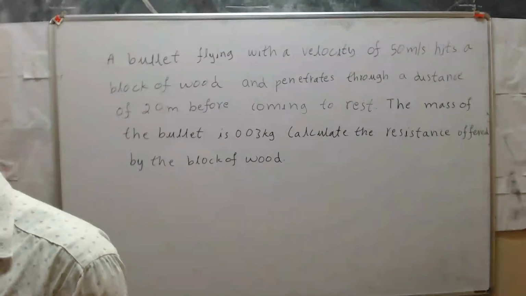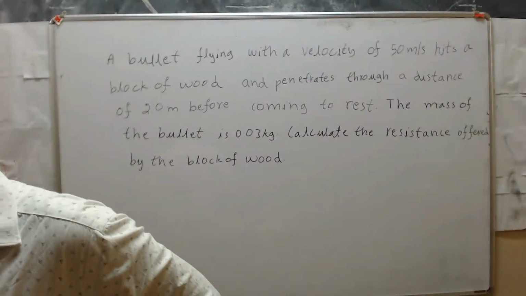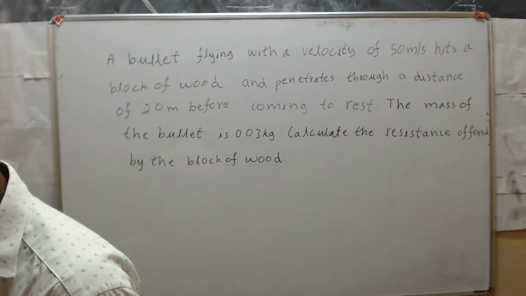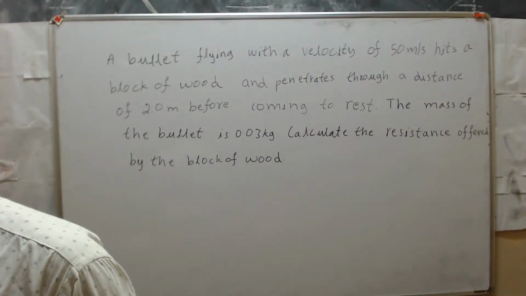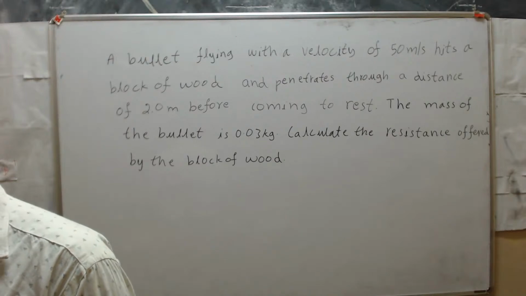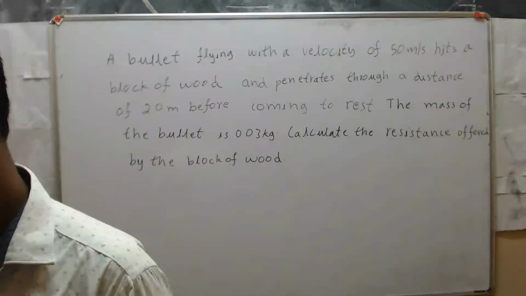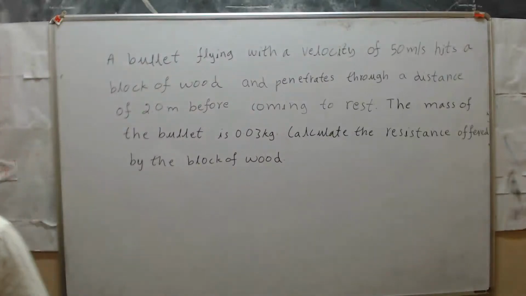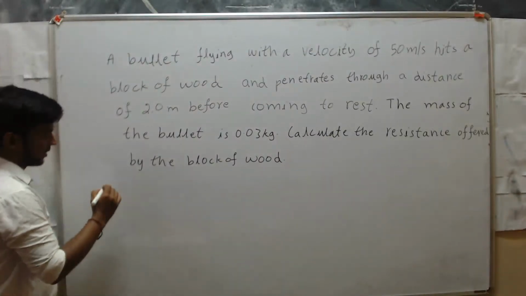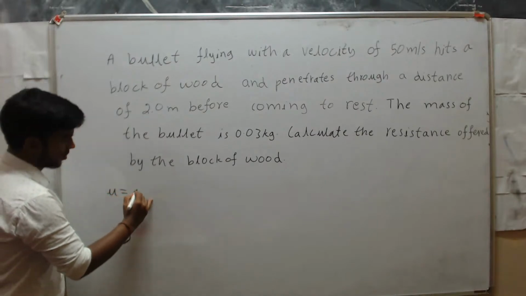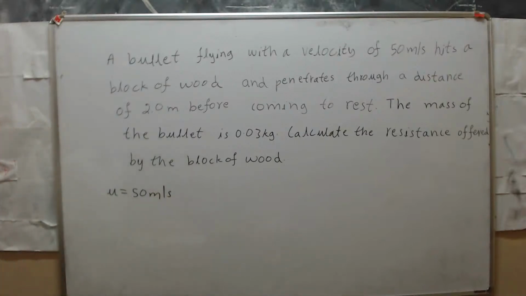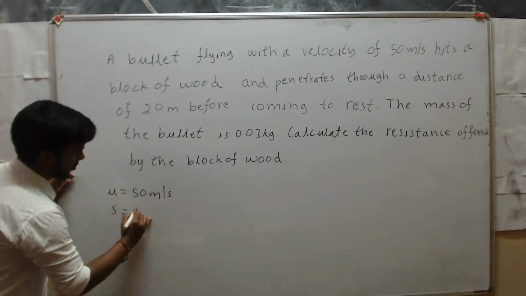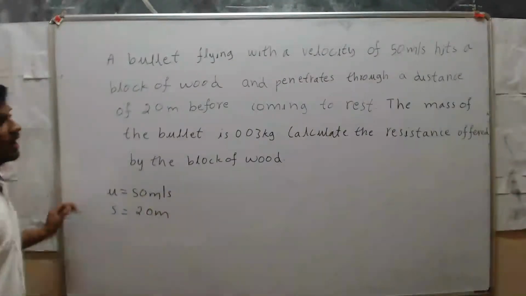Yes, I'm waiting for your answer. Here the initial velocity u is equal to 50 meter per second, the distance s is equal to 2.0 meter, and it comes to rest.